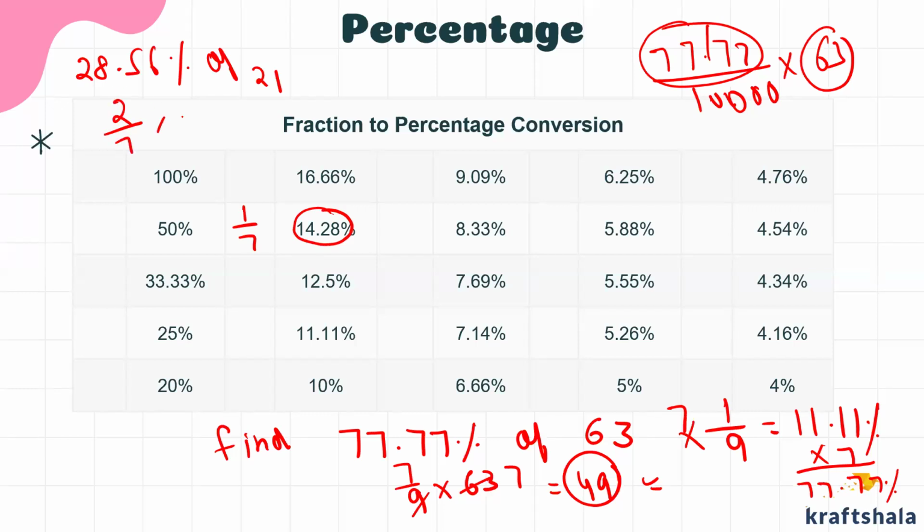So 2 by 7 of 21. 7 threes are 21, 3 twos are 6. ठीक है? So 14.28, 28.56, 42.84, multiples of these. Similarly, 11.11, 1 by 9, 22.22, 2 by 9, 33.33, 3 by 9, and so on.